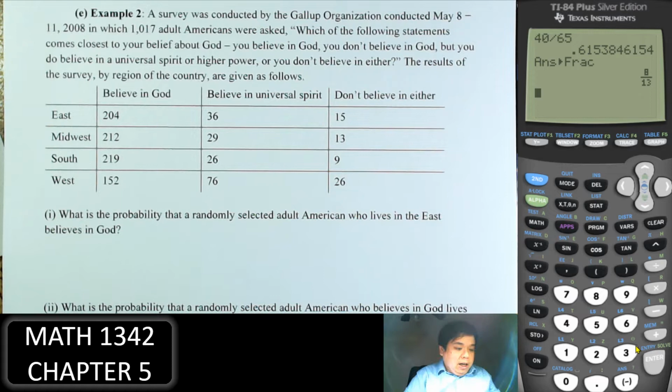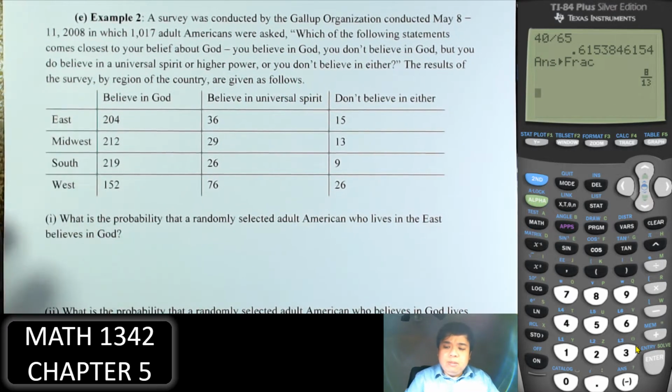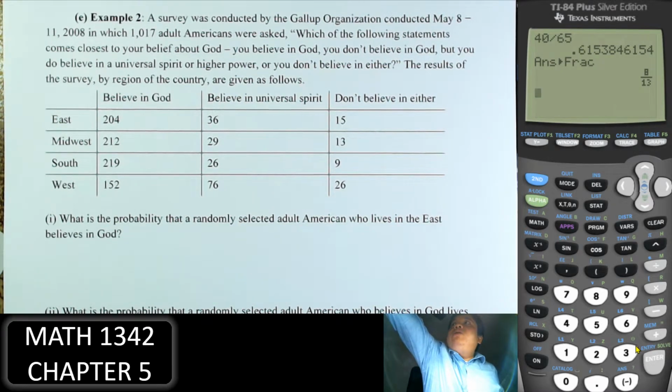Now, the question is, what is the probability that a randomly selected adult American who lives in the East believes in God? The difference between this table and the previous table is that this one doesn't have the totals. So before we do anything, we will add the total for each category.